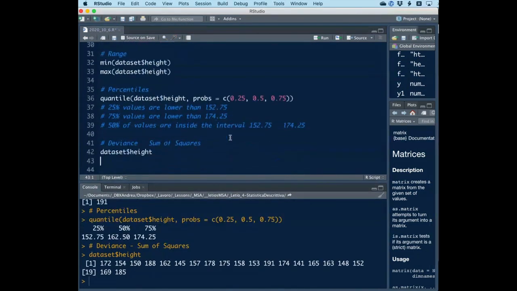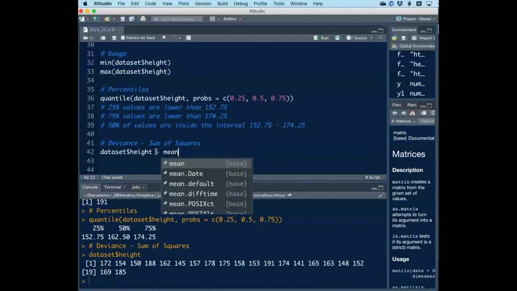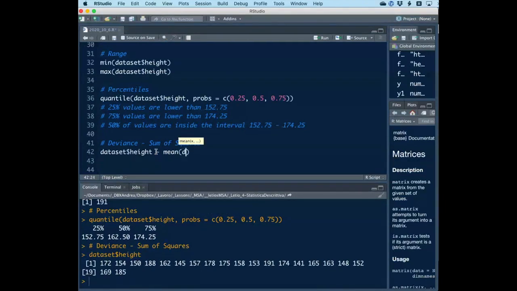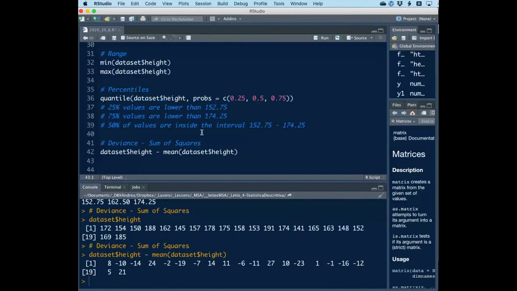If we take the heights and subtract the mean, so what's happening here? These are distances between each datum, each value, and the mean.